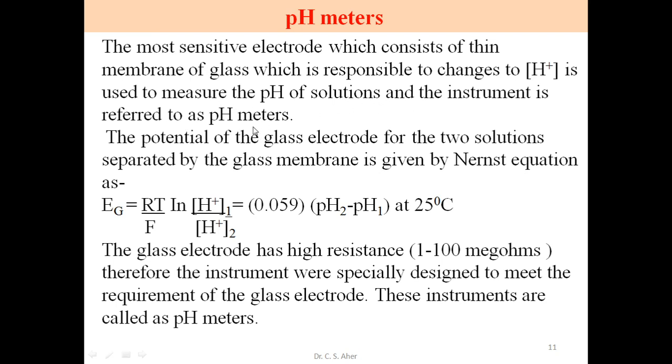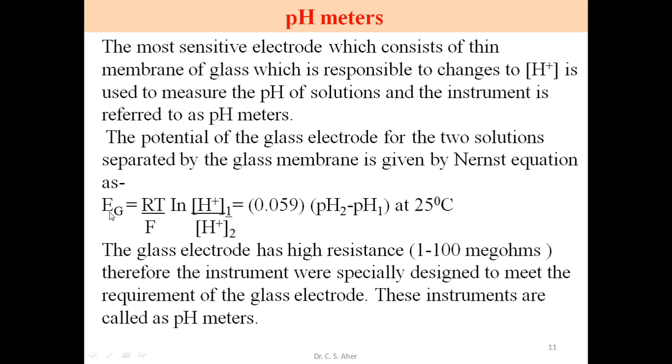This is the potential of the glass electrode for two solutions separated by a glass membrane. There are two solutions: the internal solution, that is 0.1 molar HCl, and the external solution, the test solution. This glass membrane separates the two solutions, and the EMF, this potential, is produced according to the Nernst equation.